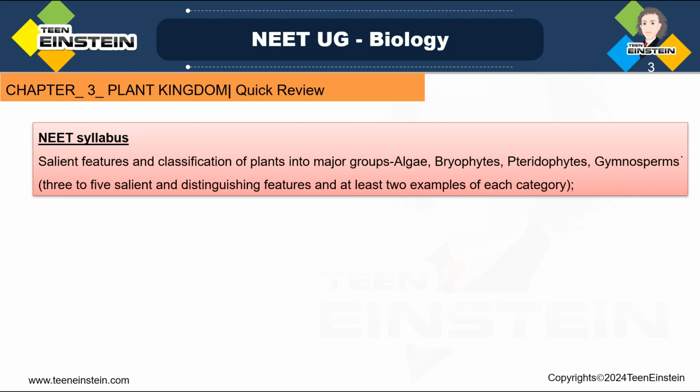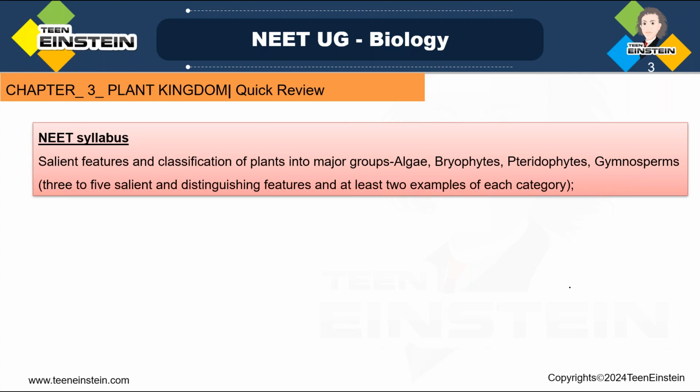Here the salient features and distinguishing features of all these plant groups, whether it is algae, bryophytes, pteridophytes, gymnosperms, or even angiosperms, we have to learn, even for the board exam as well as the NEET exam.